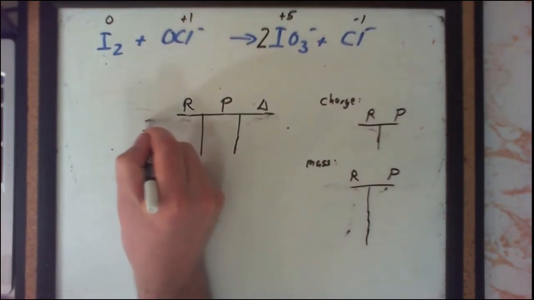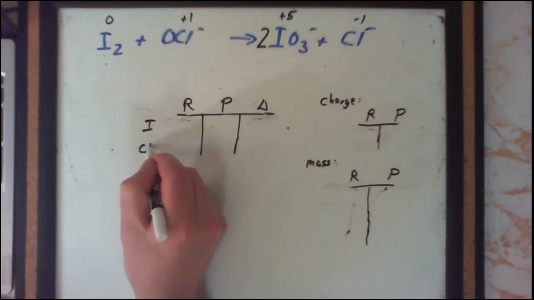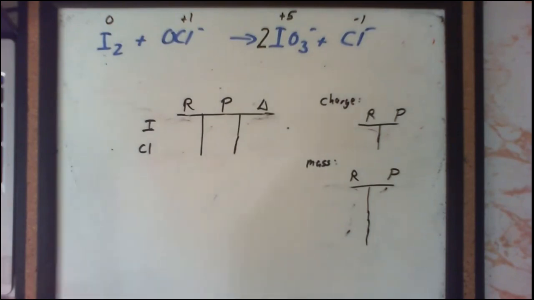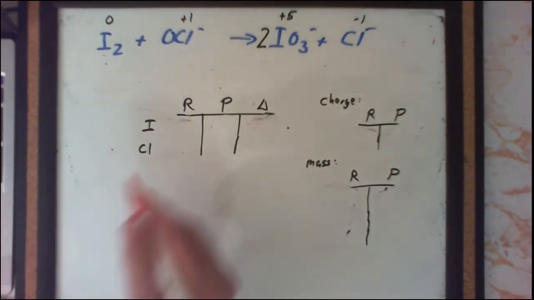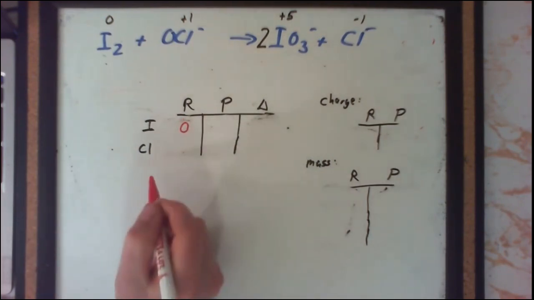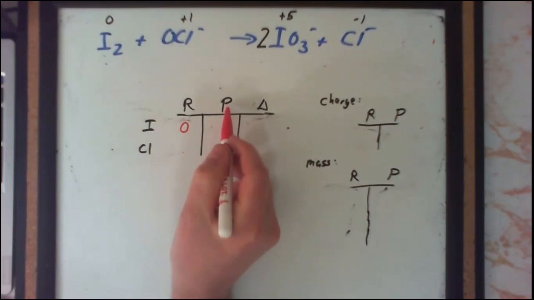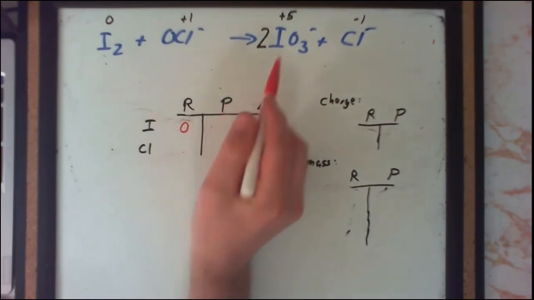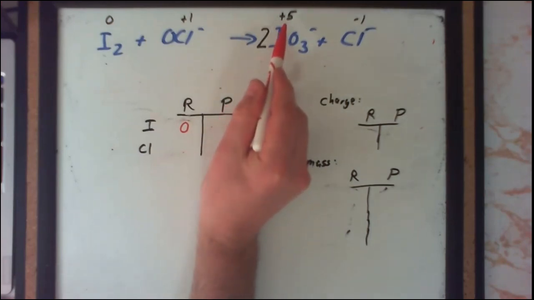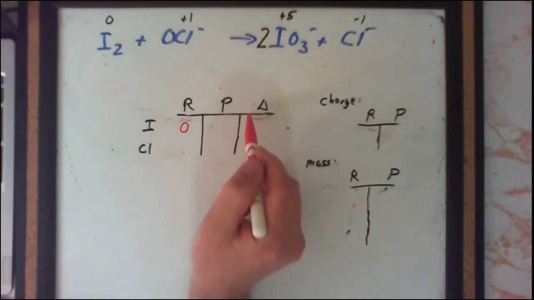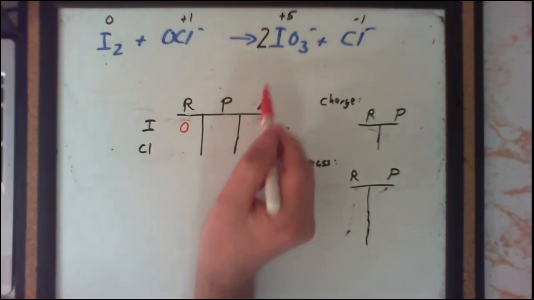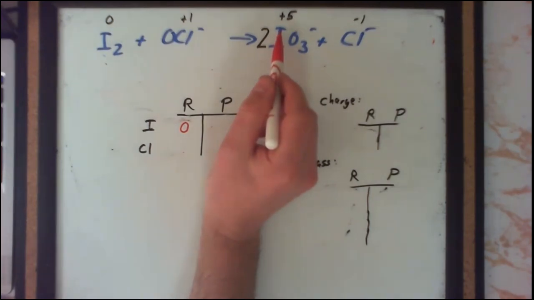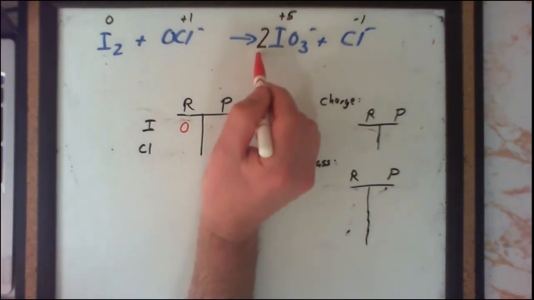So we have our 2 elements, iodine and chlorine, whose oxidation numbers are changing in this process, that are either being oxidized or reduced. For iodine, on the reactant side, its oxidation number is 0. On the product side, though, its oxidation number is +5. And remember, what we're interested in here is a total change in oxidation number. So each iodine atom's oxidation number is changing by +5, but we have 2 of them.